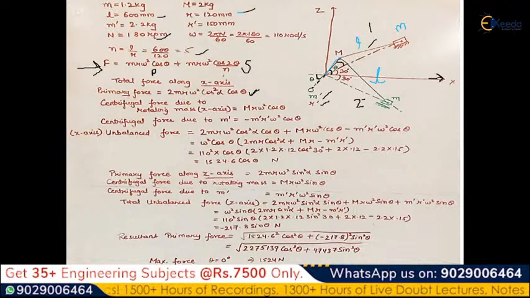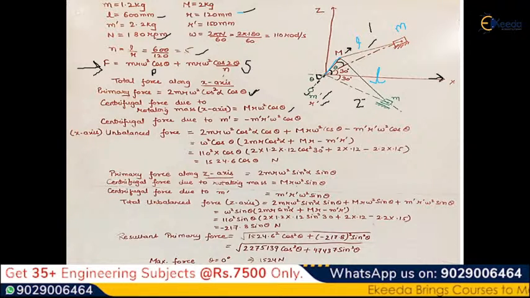Now along the x-axis, another force that is acting is because of the rotating masses. This crank which is rotating has a part of its centrifugal force along the x-axis. What is the centrifugal force? It is capital M r omega square, and its component along the x-axis is M r omega square cos theta. The third one is the balance mass, m dash, which is also rotating at some speed.